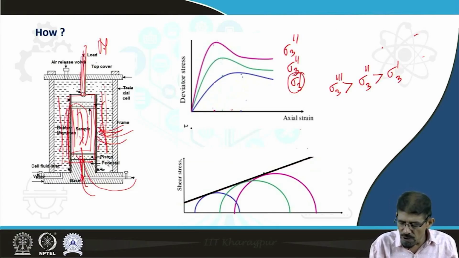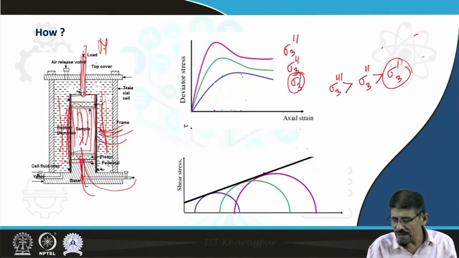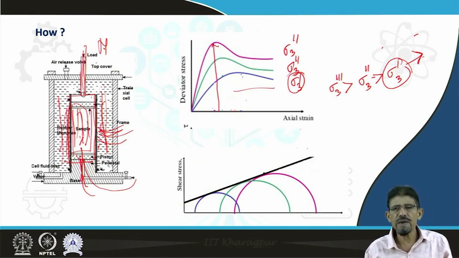Then the deviatoric stress, if the confinement is less, the strength is less, close to uniaxial. But when confinement is more, then there is an increment in strength.